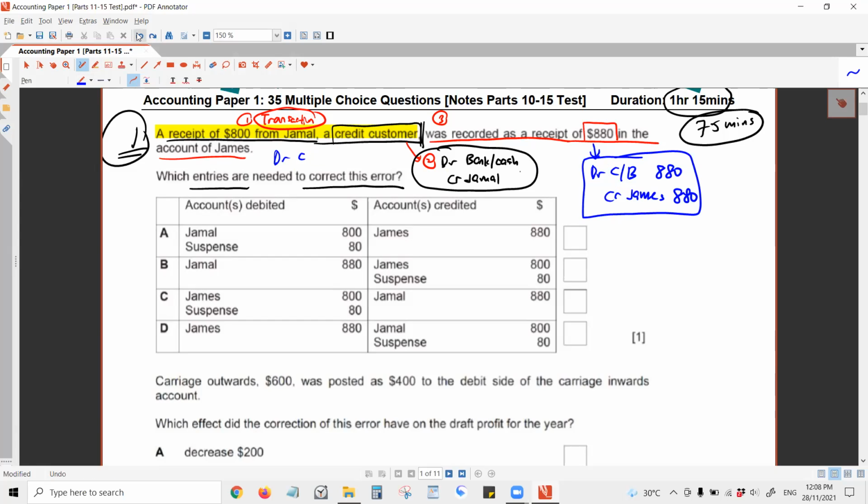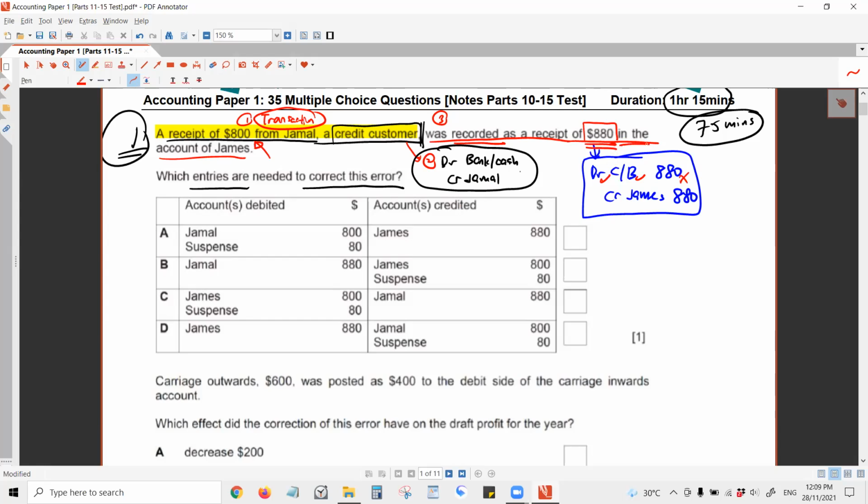They debited cash or bank, which is correct, but the amount is wrong because they said recorded as 880. The correct amount is 800, but they used 880. Then there's one more mistake. Hold on, let me try to see this again.